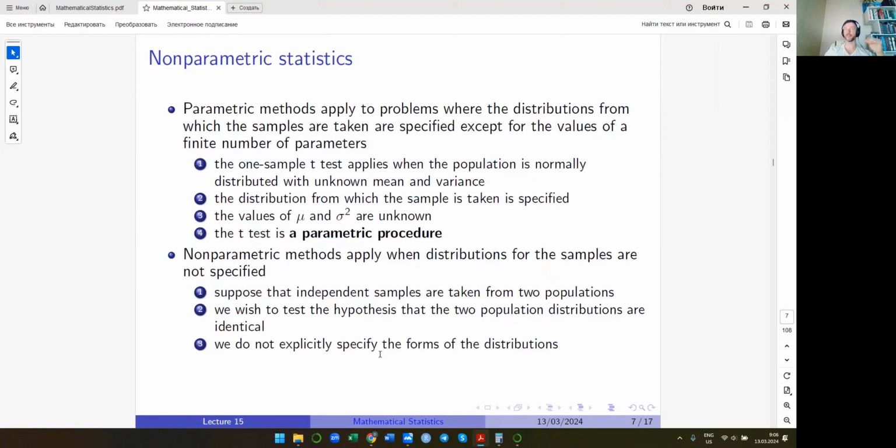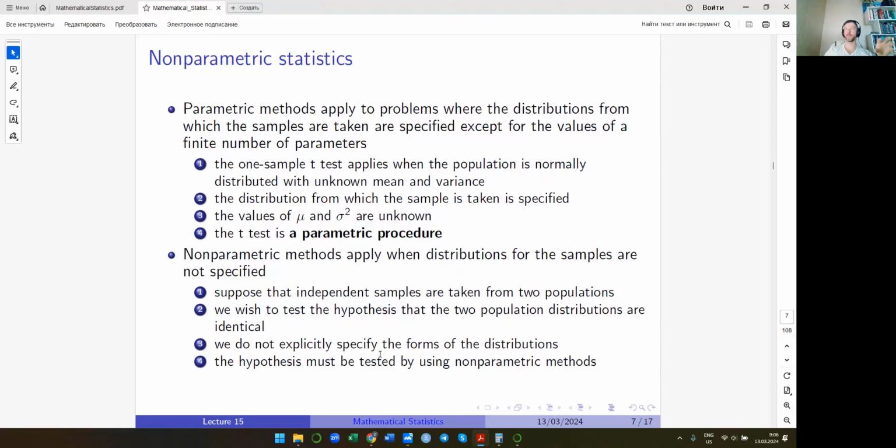We don't explicitly specify the form of the distribution. We don't care about the form. It might be anything. It might be some standard distribution like Poisson, exponential, whatever. It might be some fancy special distribution. Doesn't matter. And this hypothesis that two distributions are identical can be tested with the help of non-parametric methods.